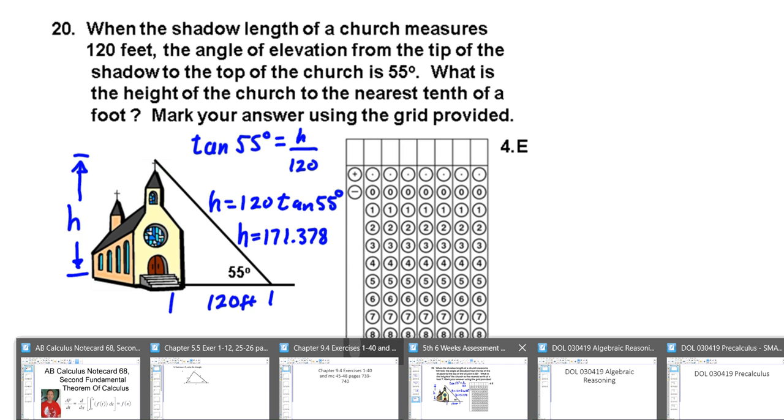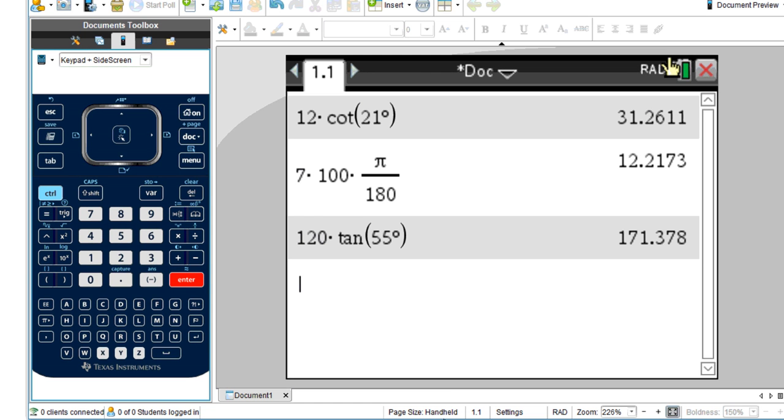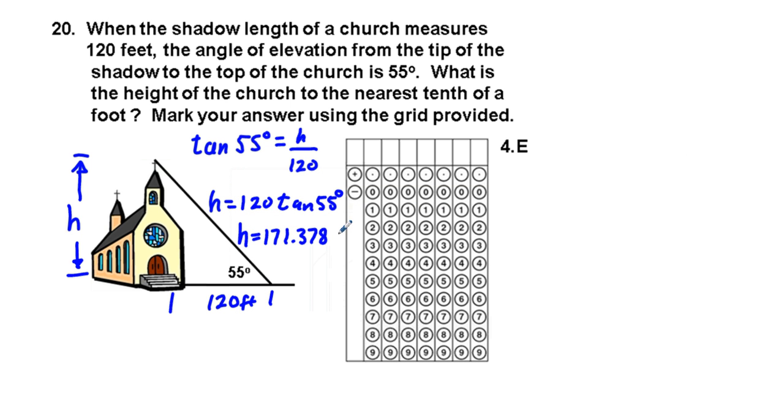Let's make sure I get this right. 171.378. And that's going to be in feet. And we want our answer to the nearest tenth of a foot.